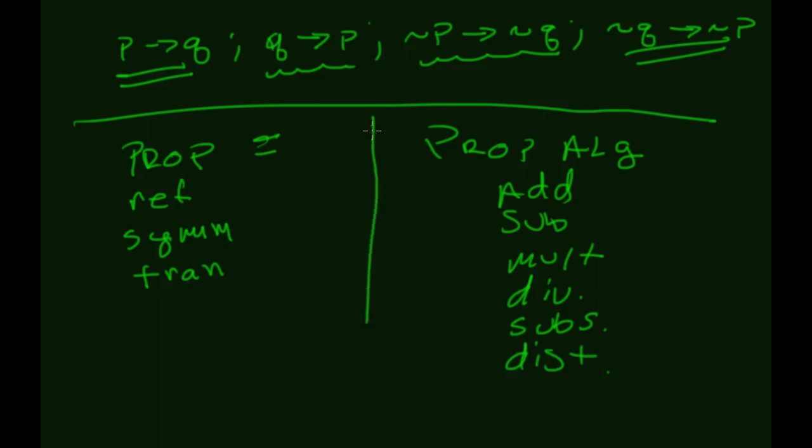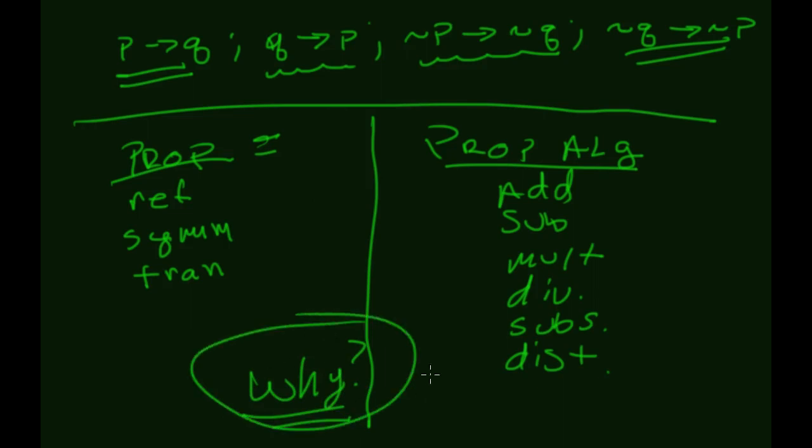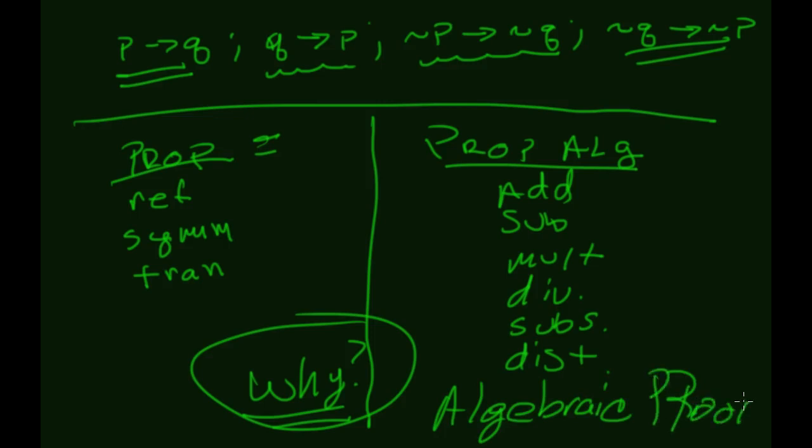And then we used some of these properties of equality and algebra to show the why. Why can I do something when I'm solving an algebraic equation? And we called that algebraic proof. We've actually proven something. All right, so thank you.